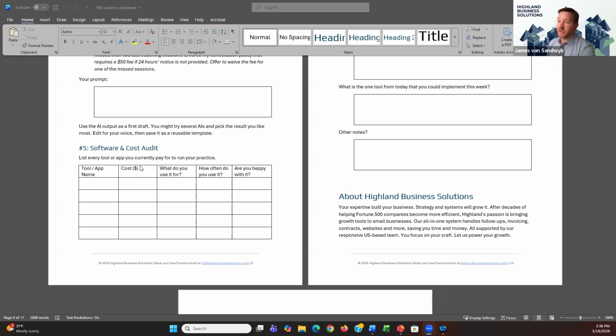There's enough ads on TV talking about how we're paying for needless subscriptions. This is especially true in businesses where there are so many little subscriptions that you sign up for and you didn't even realize you signed up for them, or you've forgotten that you did. This software audit is incredibly important to understand that and save money.